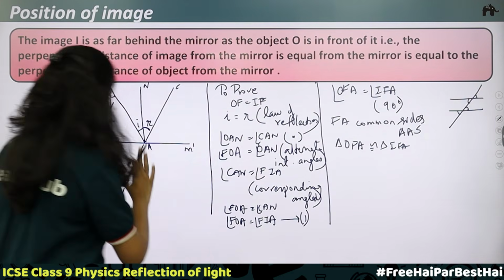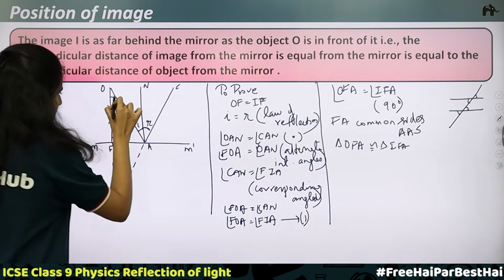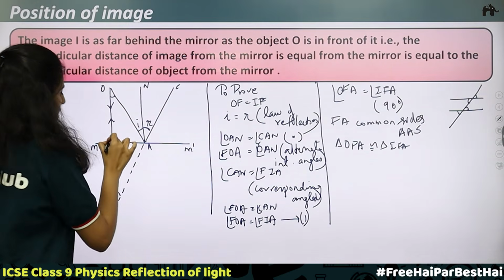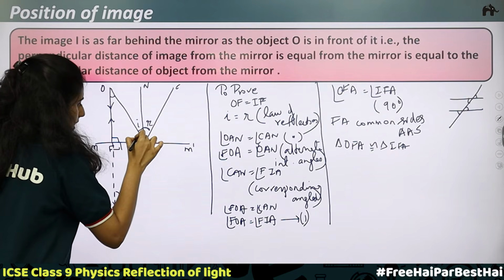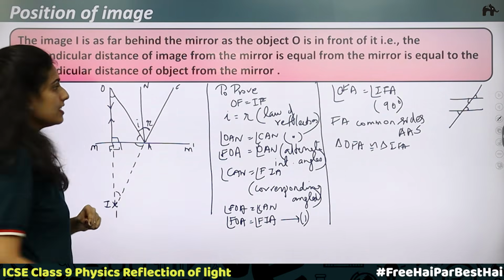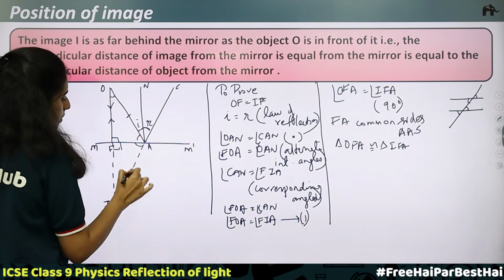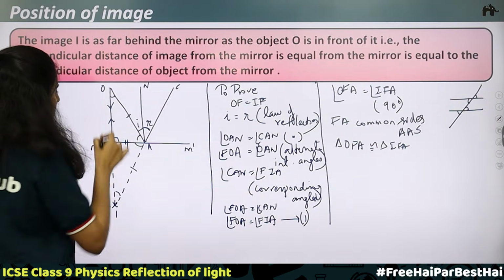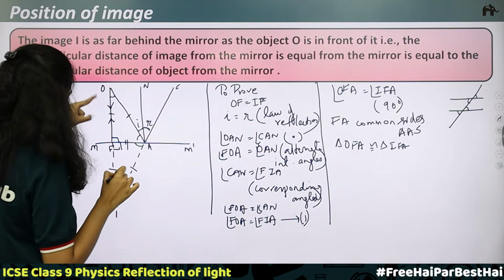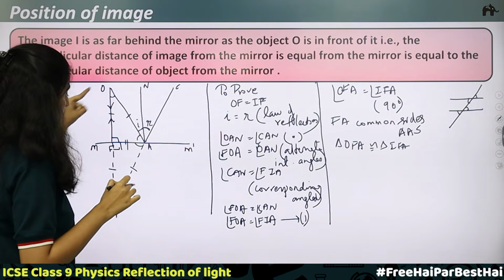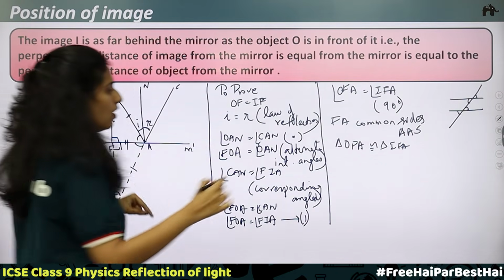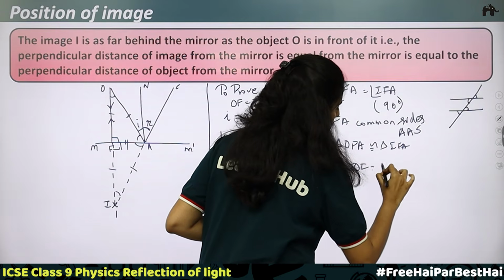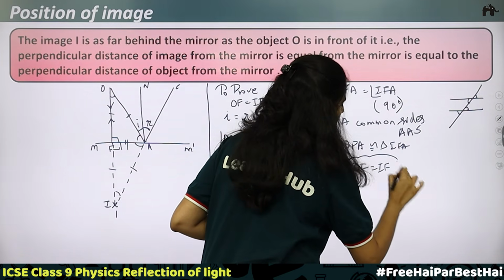So when you have congruent triangles, this angle and this angle are already equal. These two angles are 90 degrees and these two angles will be equal. Similarly, what about sides? This side will be equal to this side. These sides are the common side and these two sides are equal, which means OF and IF are equal. OF is equal to IF. So this is what we had to prove.